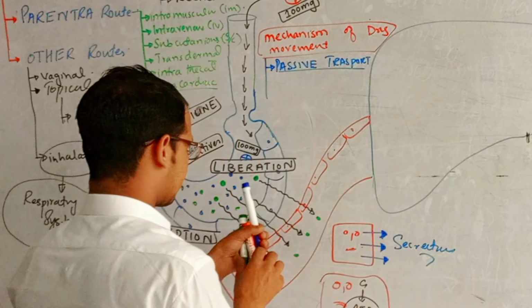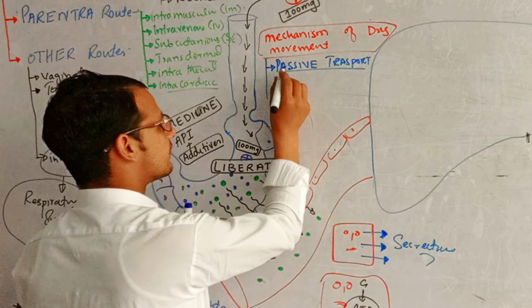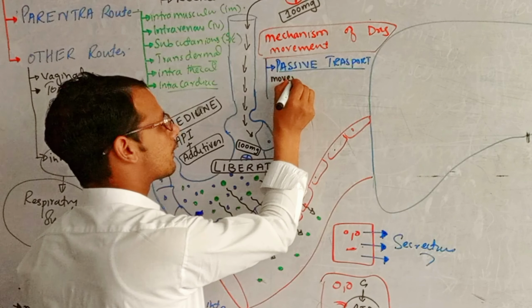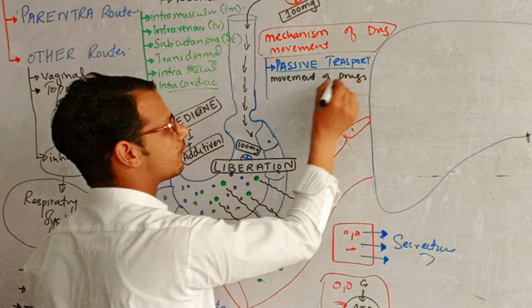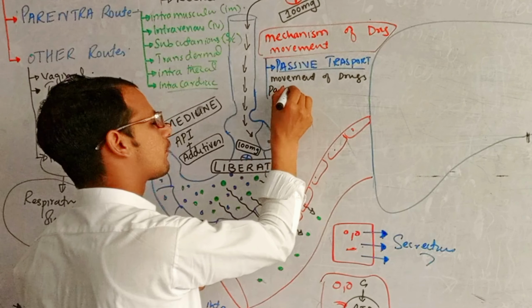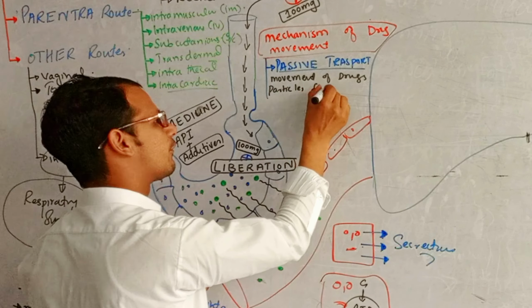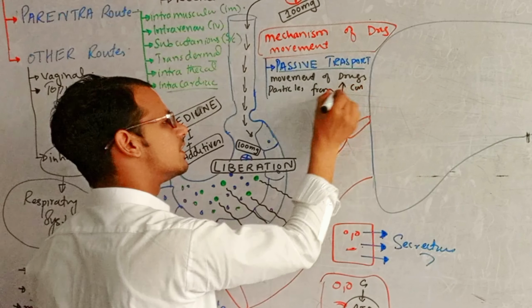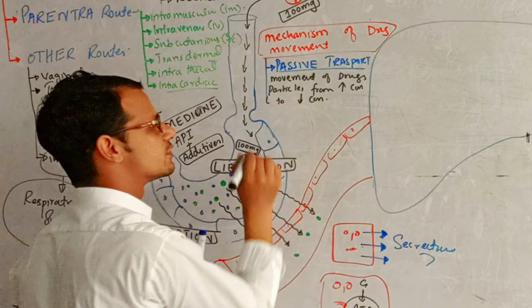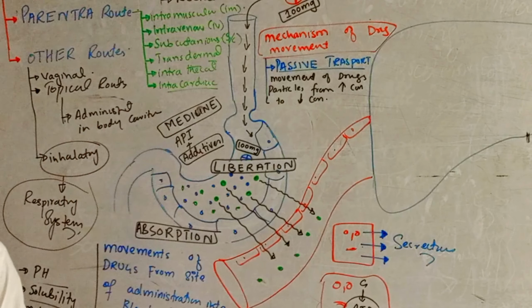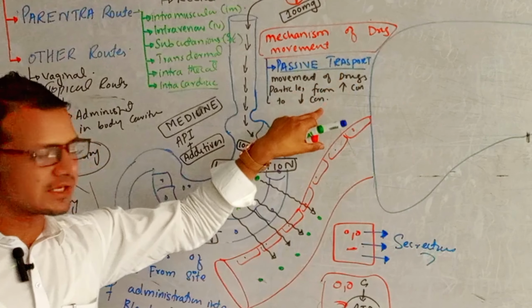For example, this is the movement of drug particles from high concentration to lower concentration without the use of energy, right? Passive transport has two types.